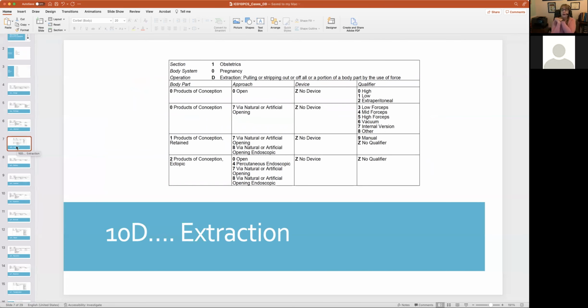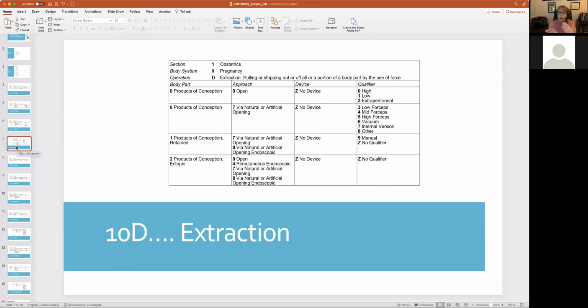All right. Next, extraction. Okay, ladies and gentlemen, what we have here is most often going to be what is commonly known as a C-section. So if they write C-section, that means they're extracting the baby from the mommy.